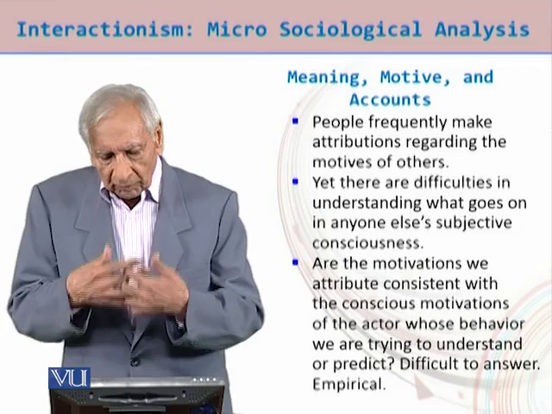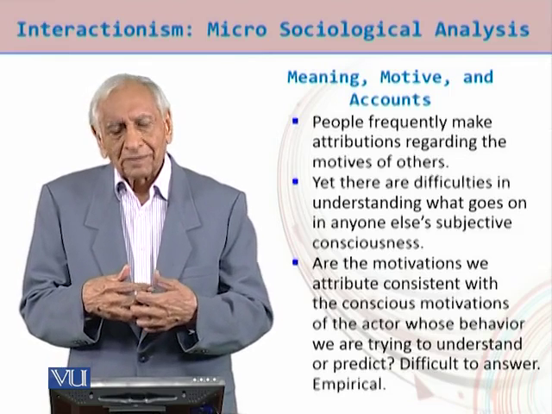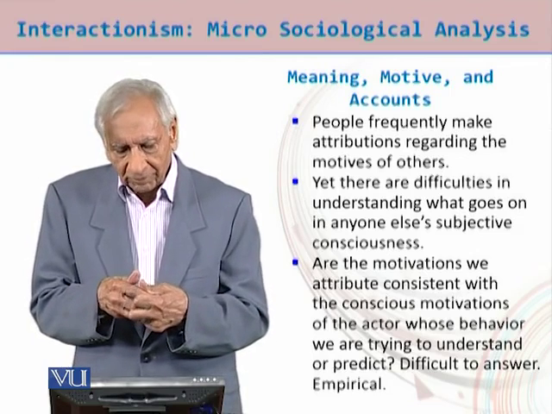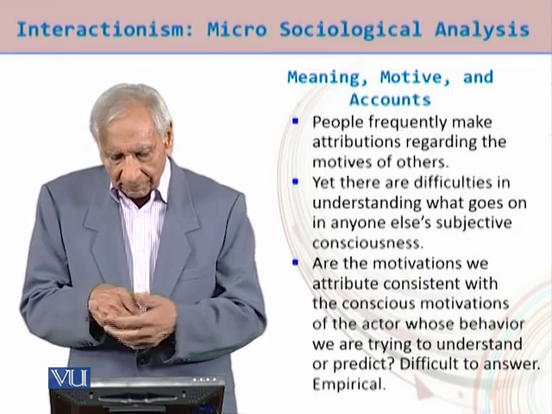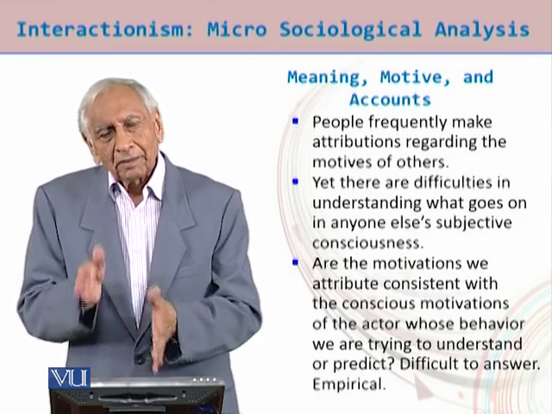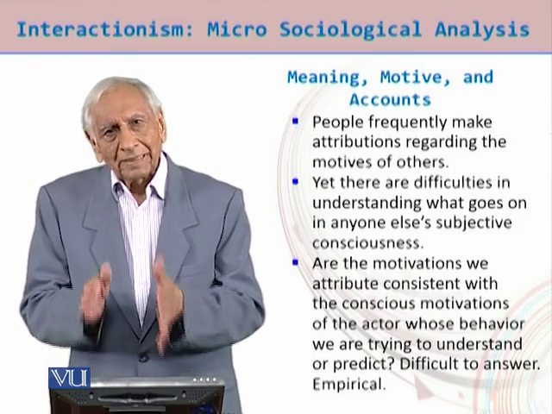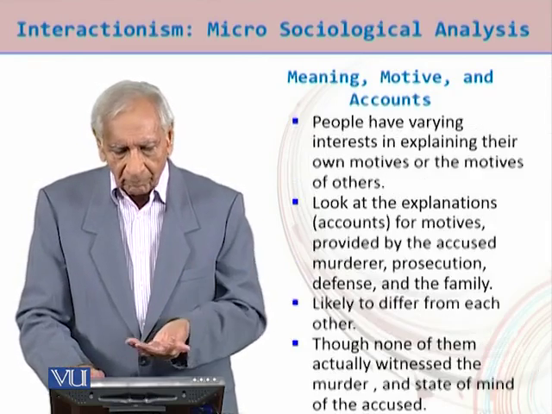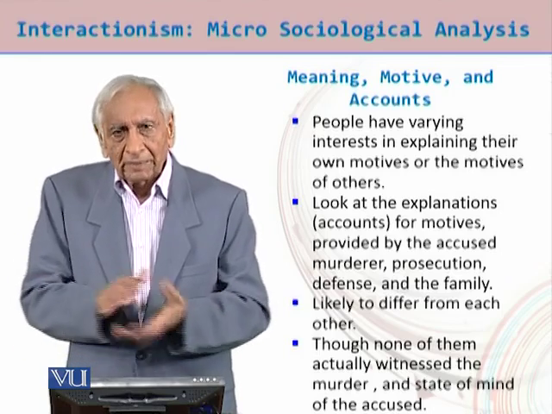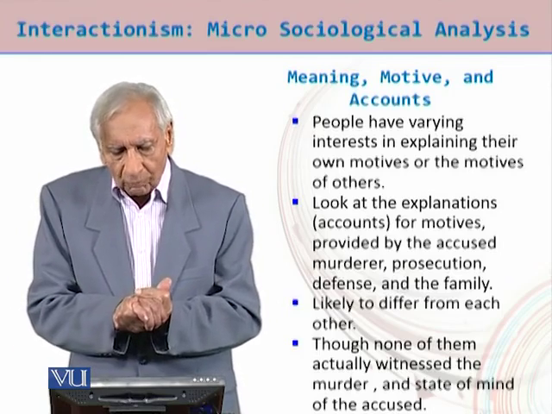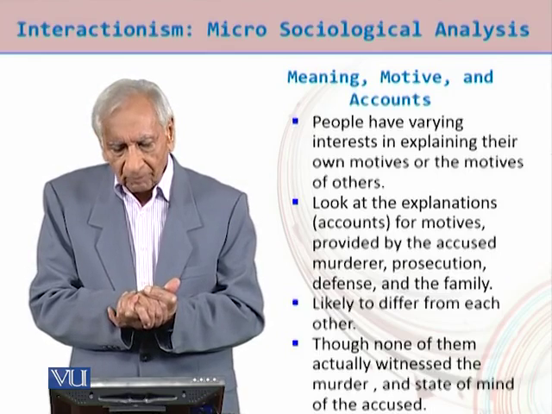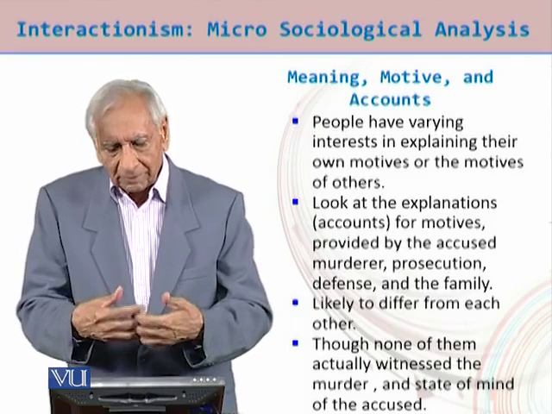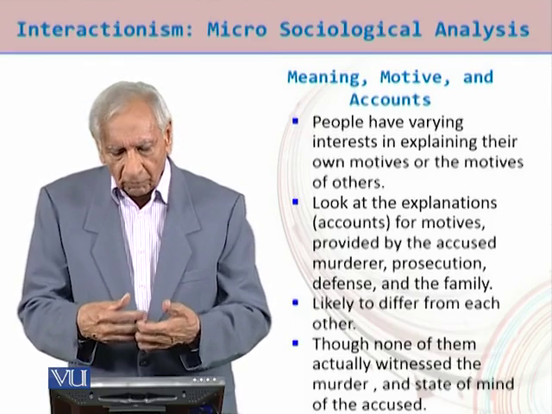So we see that there are difficulties in understanding what goes on in anyone else's subjective consciousness. Is it the same? Well, that is an empirical kind of question which might be checked. So people have varying interests in explaining their own motives or the motives of others. Explaining means how they account for it.